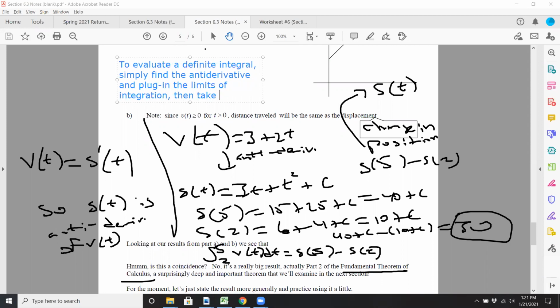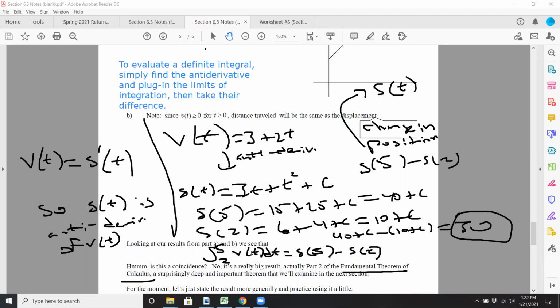Then take their difference. That's how you evaluate a definite integral. You simply find the antiderivative of whatever function you've got, plug in the limits of integration, in this case 2 to 5, and take the difference.